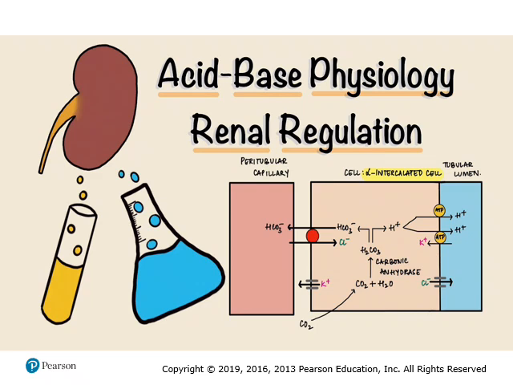The kidneys regulate acid-base balance by adjusting the amount of bicarbonate in the blood, either by conserving, like reabsorbing, or generating new bicarbonates. Remember that generating or reabsorbing one bicarbonate is the same as losing one hydrogen ion.